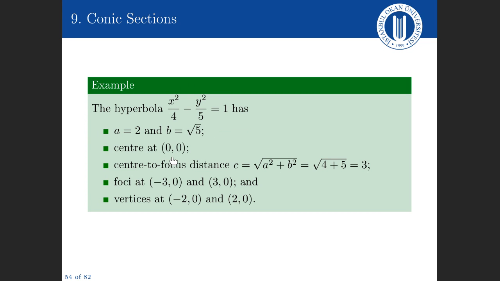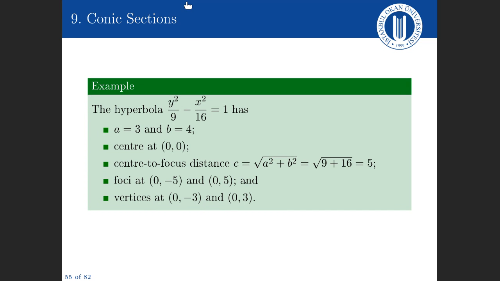The center is always at (0, 0). The center to focus distance we can calculate must be 3. Because we're doing a squared plus b squared, we don't care if a is bigger or b is bigger. For an ellipse, we have a minus sign here, so we had to have that a was bigger than b. But this time, it doesn't matter. As soon as we know c, we can write down the foci. As soon as we know a, we can write down the vertices.